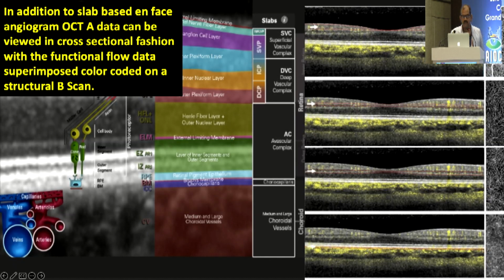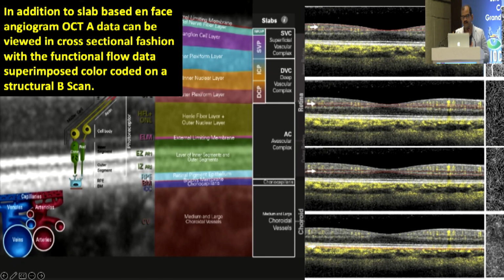In addition to the en face slab-based angiogram, OCT data can also be viewed on cross-sectional flow cross-sections, and the flow data is superimposed on those cross-section images.